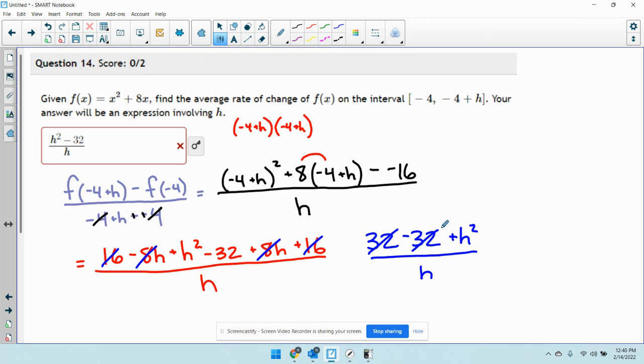These cross out. Negative and positive 32. I'm left with h squared over h. Well, this h is going to cancel with one of these h's. So this whole thing is just going to give me h. Wow, would you look at that?